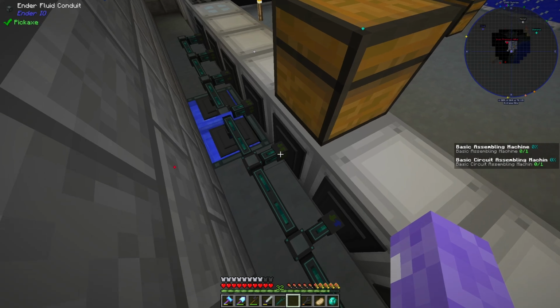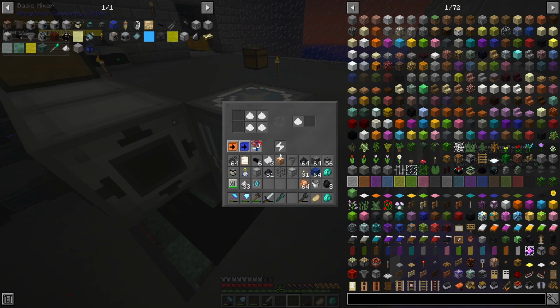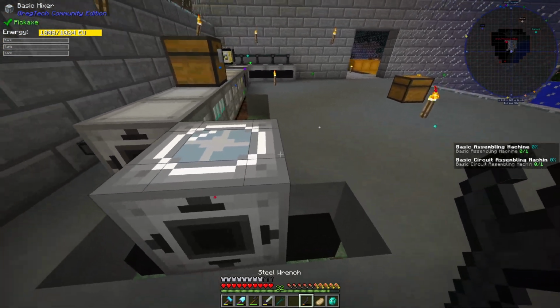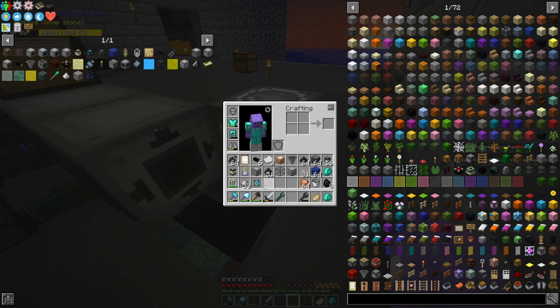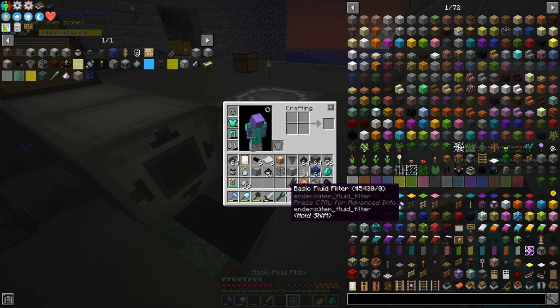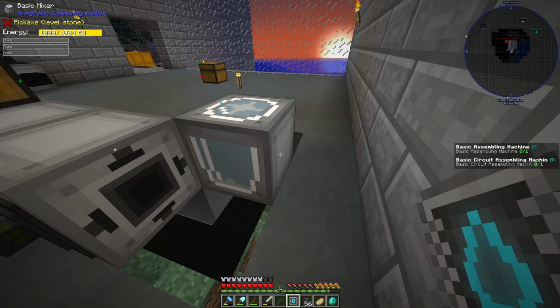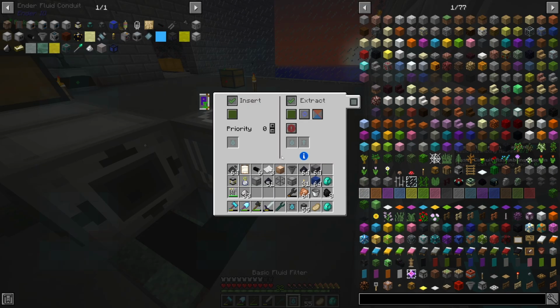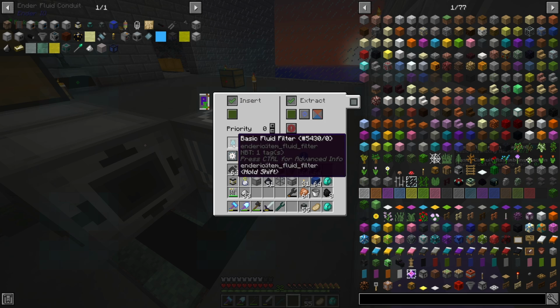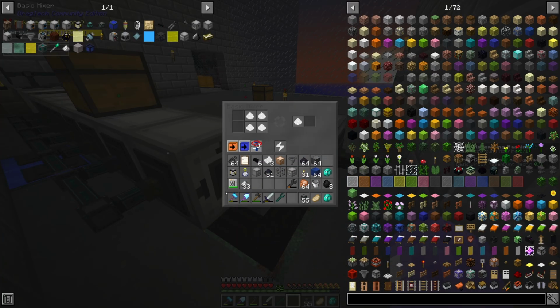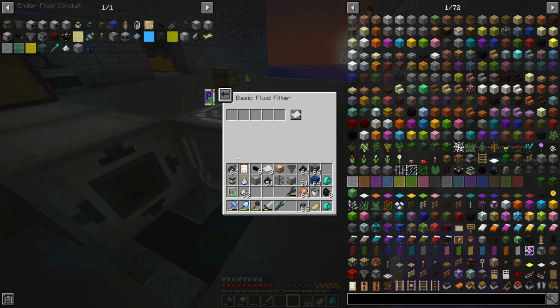Extract, there's no extract filter, but we'll have an input filter on this side. Where are our pipes? Okay, so we want that in. And we're going to have this set to an insert filter with chloroauric acid.